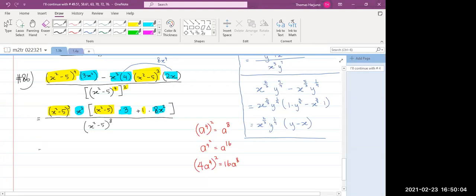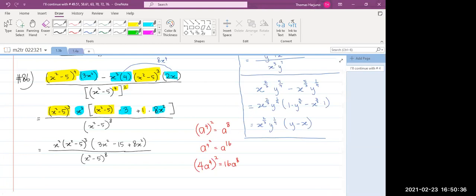Now from here on the top, outside the parentheses, I just rewrite them. This is x squared minus 5 cubed. Okay, and then inside the bracket, I do distribution. That's 3x squared minus 15 plus 8x squared. I will simplify that later. At the bottom, x squared minus 5 to the power of 8.